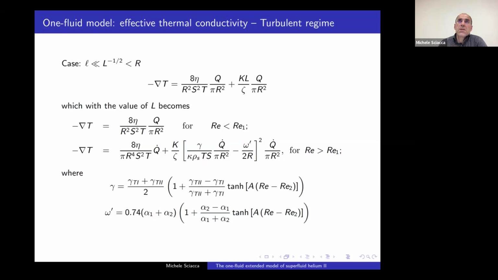Then the ballistic regime, which happens when the mean free path is comparable to the size of the channel of the system you are considering, which happens not only for temperatures below 1 Kelvin, more or less, but also for systems whose dimension is close to the mean free path of heat carriers. I speak about heat carriers, but of course it may also be phonons or rotons.